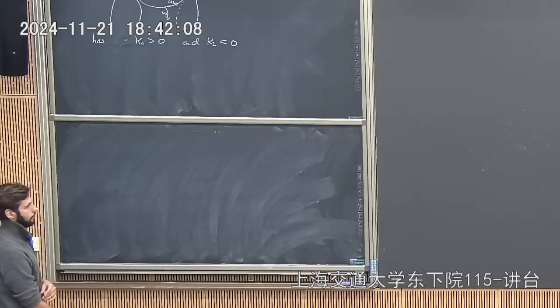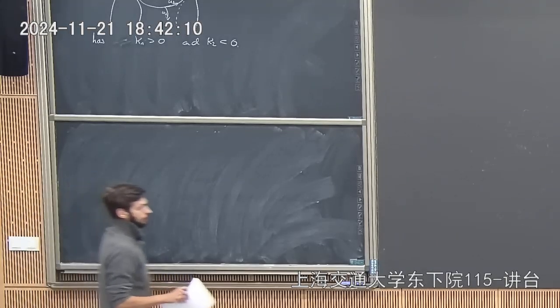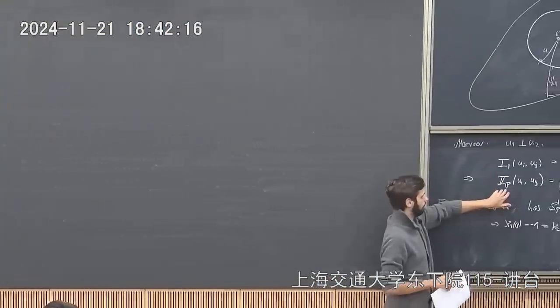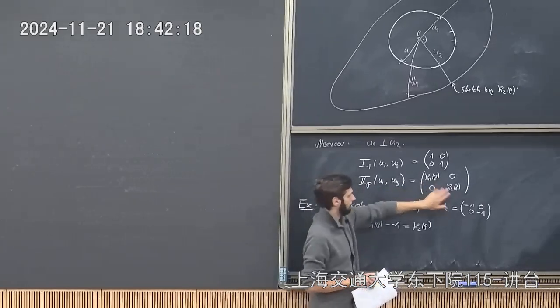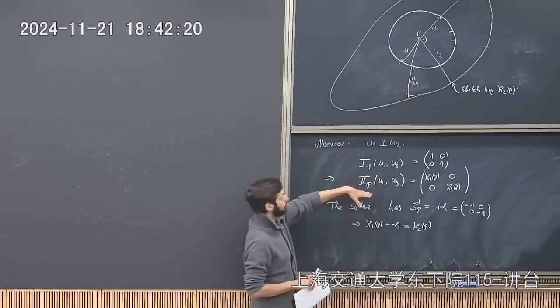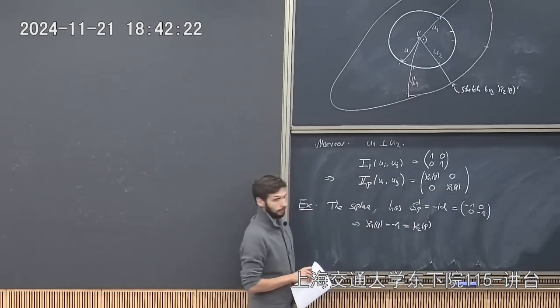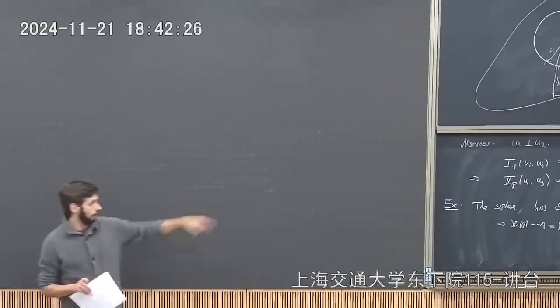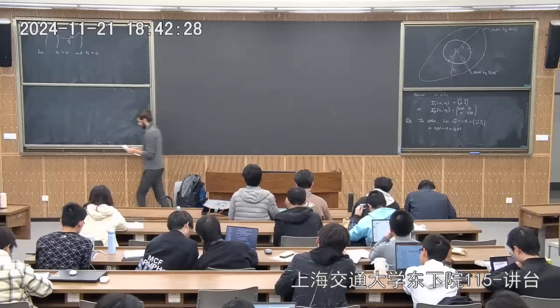So now we would like to know, we know that for the principal directions, the second fundamental form looks very nice because it's just kappa 1 and kappa 2. But in general, you might have some different vector, which is not in one of these two directions.